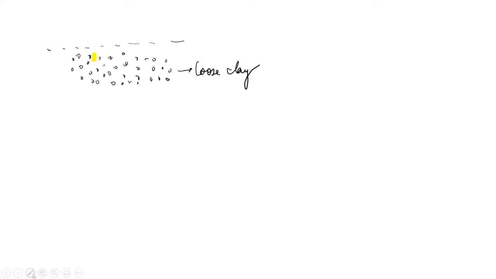I'll make it with a different color, it's not visible. So let us say the red color one is hydrocarbon. So earlier people used to think that once these were deposited during the early burial and compaction was not happening, they got expelled.